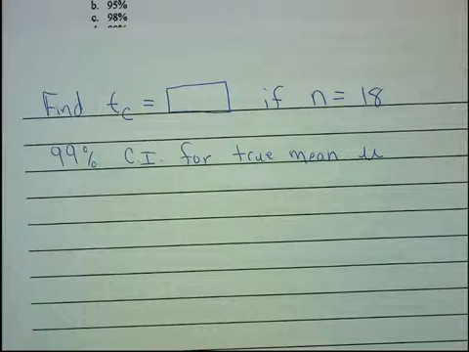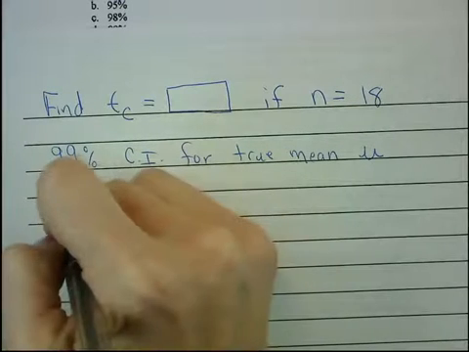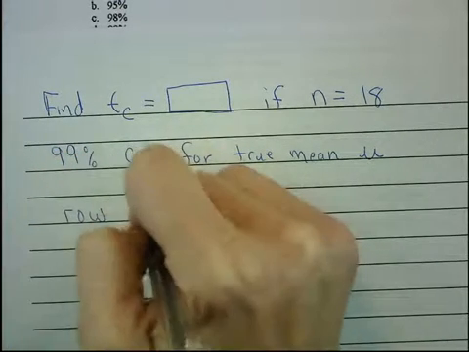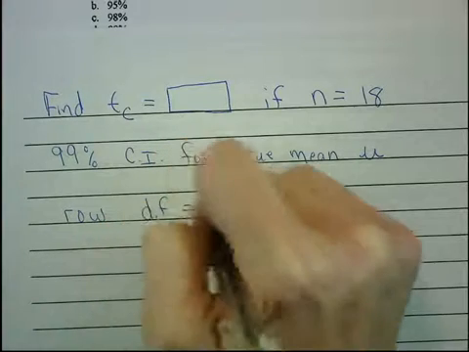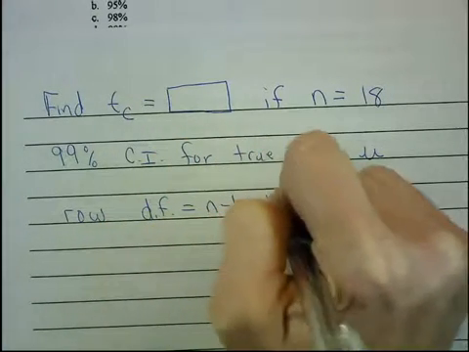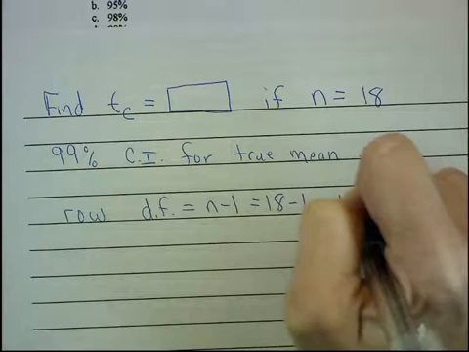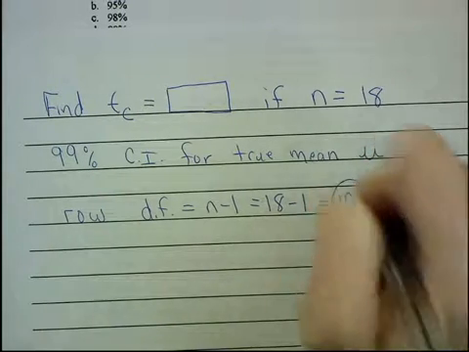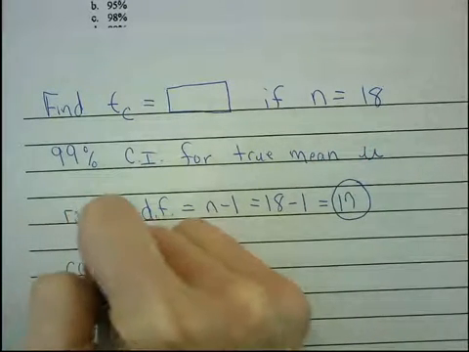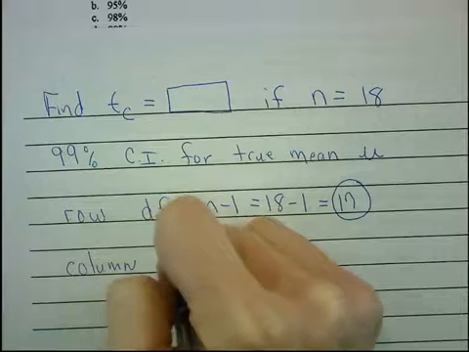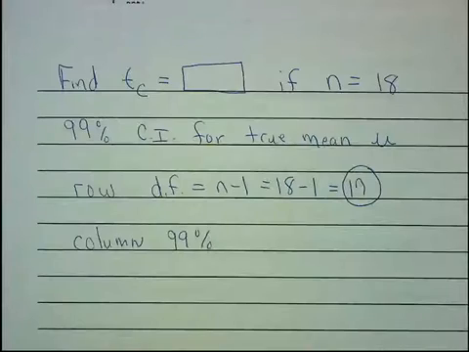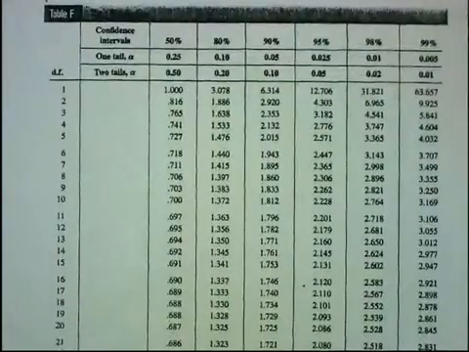You go to your t-table, and you would have to go to row degrees of freedom 17. So go to row 17 and go to column 99%. Where your two fingers meet, that's going to be your t sub c.